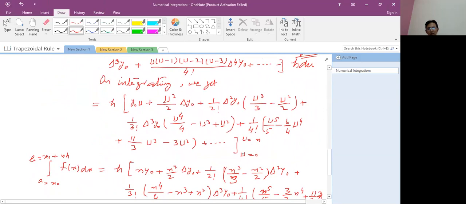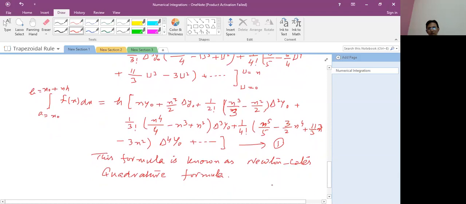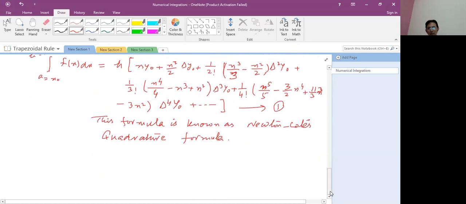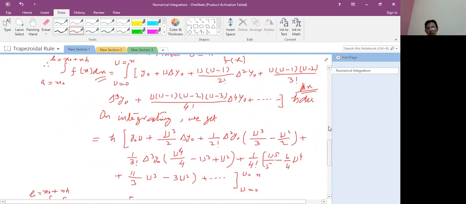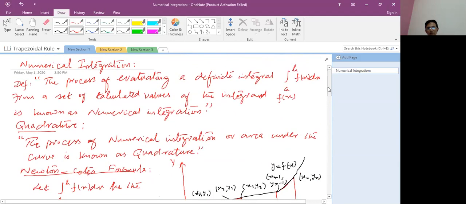First we apply the upper limit n, and the lower limit 0, and write equation number 1. This formula is known as the Newton-Cotes quadrature formula. Newton and Cotes were both mathematicians. They studied together and derived the Newton-Cotes formula, with the help of which all numerical integration problems can be solved.